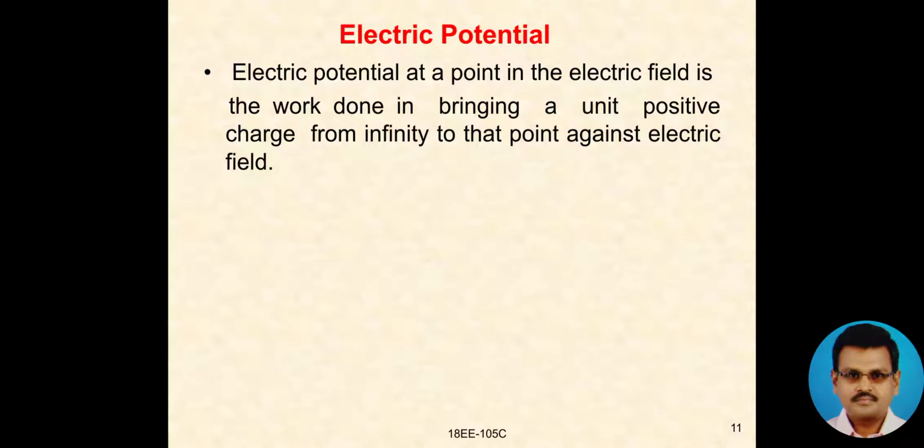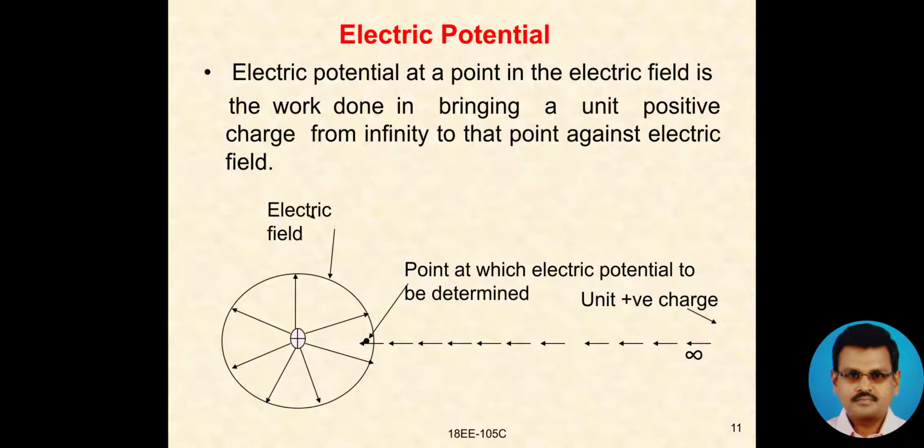Electric potential at a point in the electric field is the work done in bringing a unit positive charge from infinity to that point against the electric field. Let us see how we can understand.